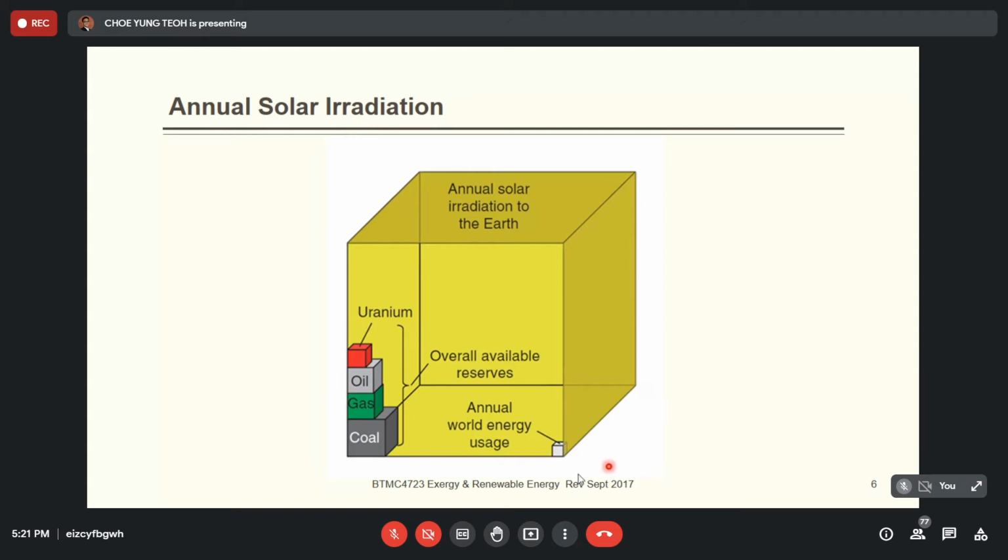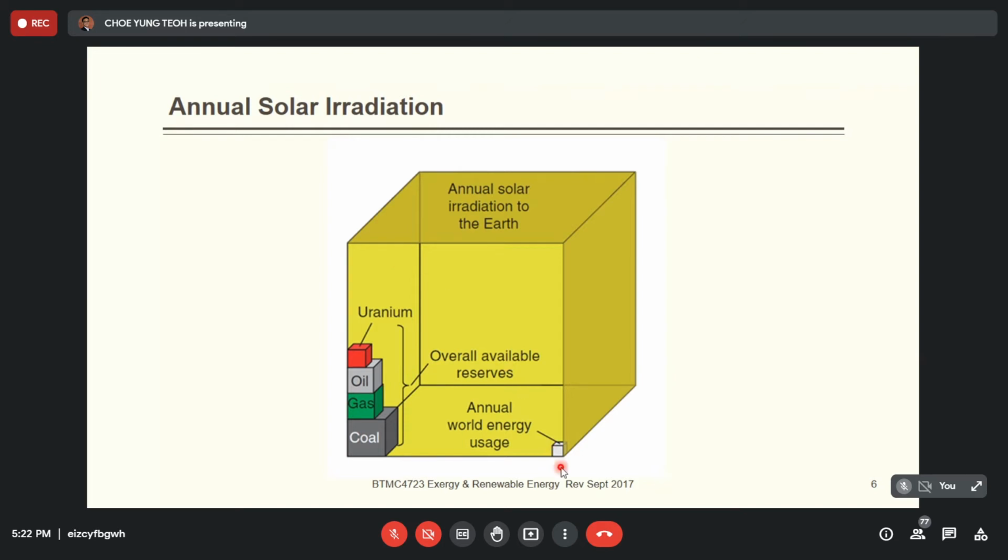In this block, the yellow block represents the annual solar irradiation to the Earth. This is the amount that is received on the Earth. You can see this small white box over here. This is the annual energy usage. This is the amount that we need. And the yellow one is the amount that we receive on Earth.